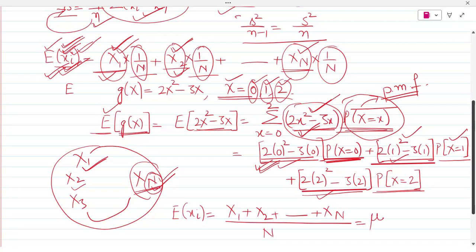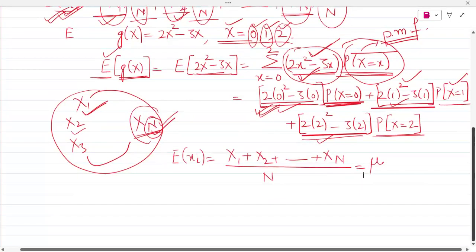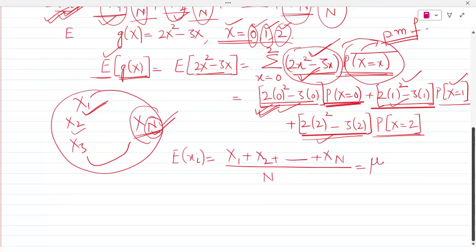Now, one thing here: our sampling is called simple random sampling. What is simple random sampling? If all these sample observations, small x1, x2, up to xn, are independent of each other, that is the first thing, and every sample observation has the same probability.